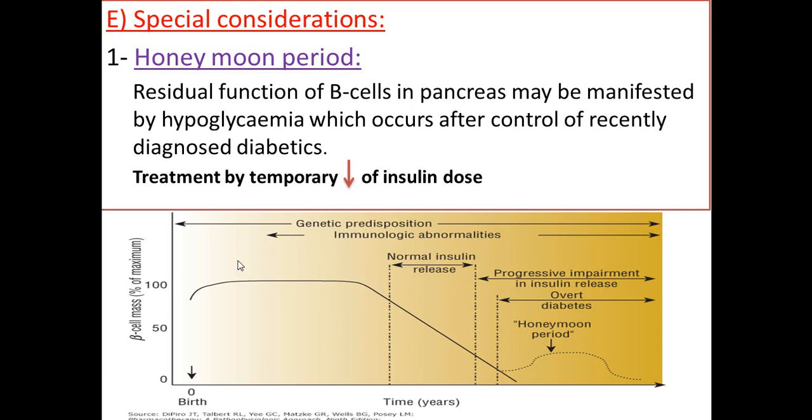First there is a reduction in insulin, then there is a normal insulin release because of the honeymoon period. During the honeymoon period, in addition to the dose of insulin given for treatment, the residual function of the pancreatic cells will cause hypoglycemia.